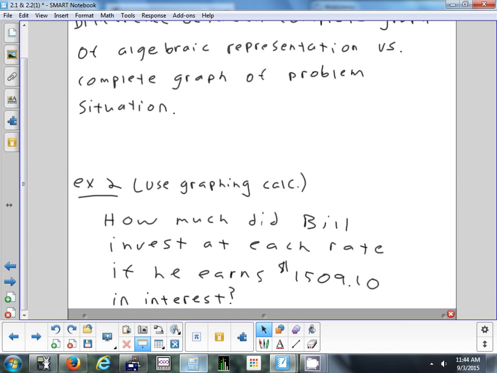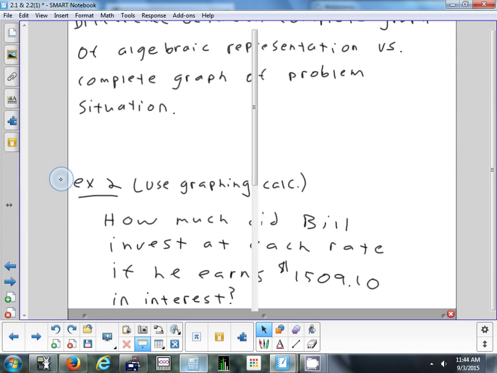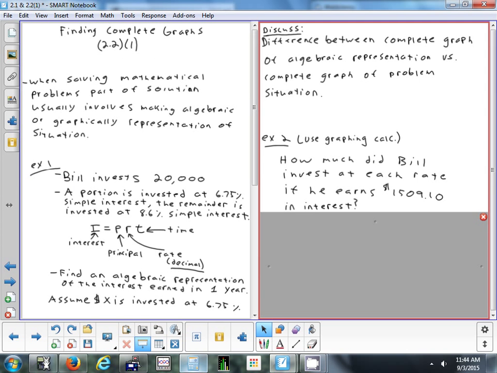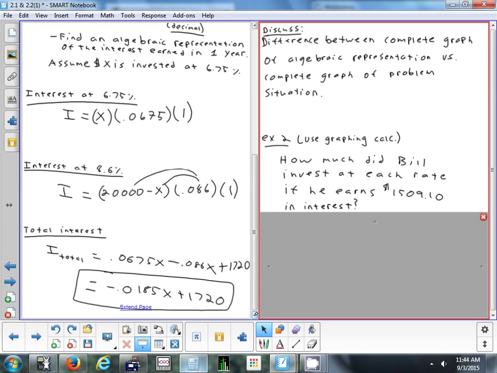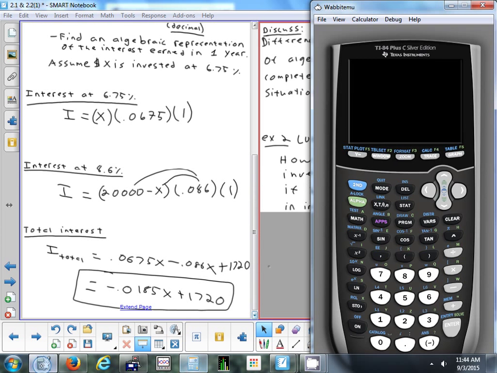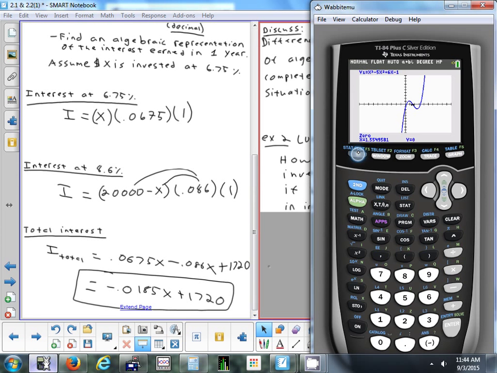Right, so before we even do part 2, let's just get the graph from part 1 up. So we've got negative 0.0185x plus 1720. All right, so I know I have a y-intercept at 1,720, and the slope is negative, so it's going to be heading down very slowly from 1720.